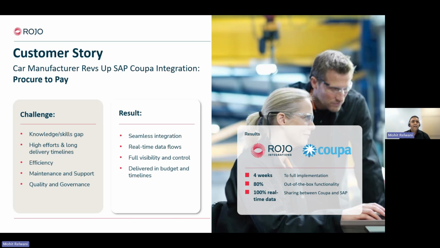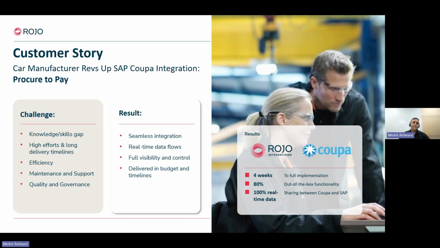As Ankit mentioned, we have a wide offering apart from order to cash. We have procure to pay also. The real challenge was that they wanted to go live in a short span of 4 months, and they were struggling with resource availability and timelines.